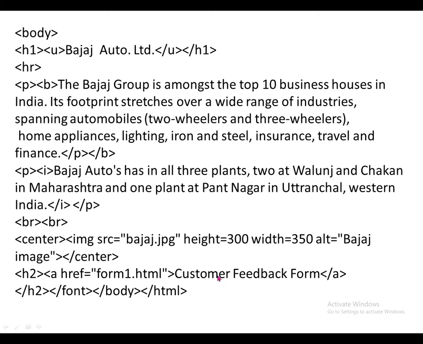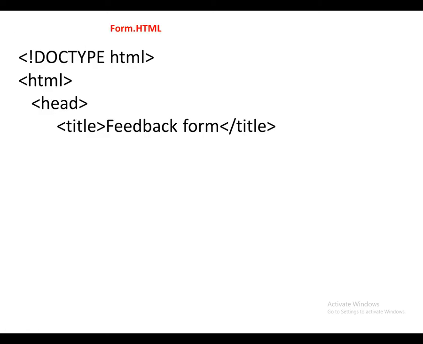So here your first index.html coding is over. Now we'll move further to form1.html, meaning whatever you are getting under this feedback form. We have to create two separate files completely in Notepad. So now this index.html is over. Now we'll move towards the next file.